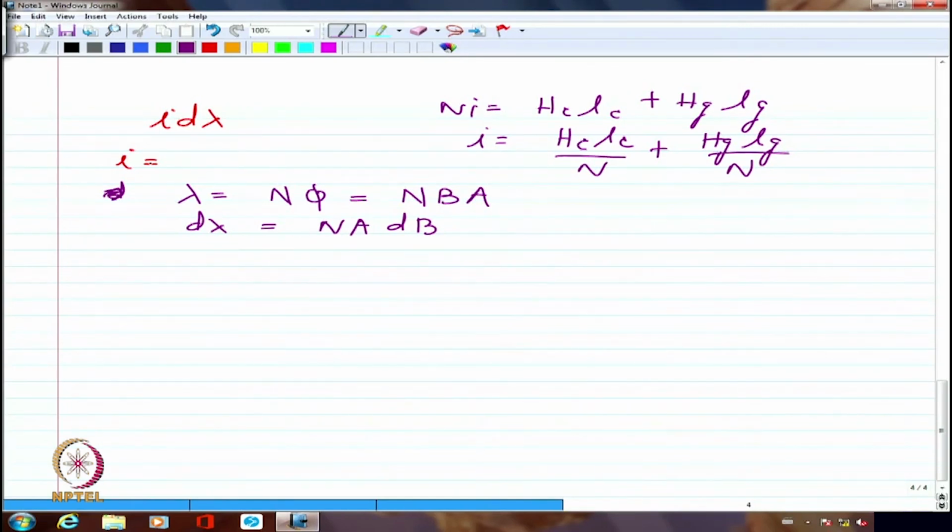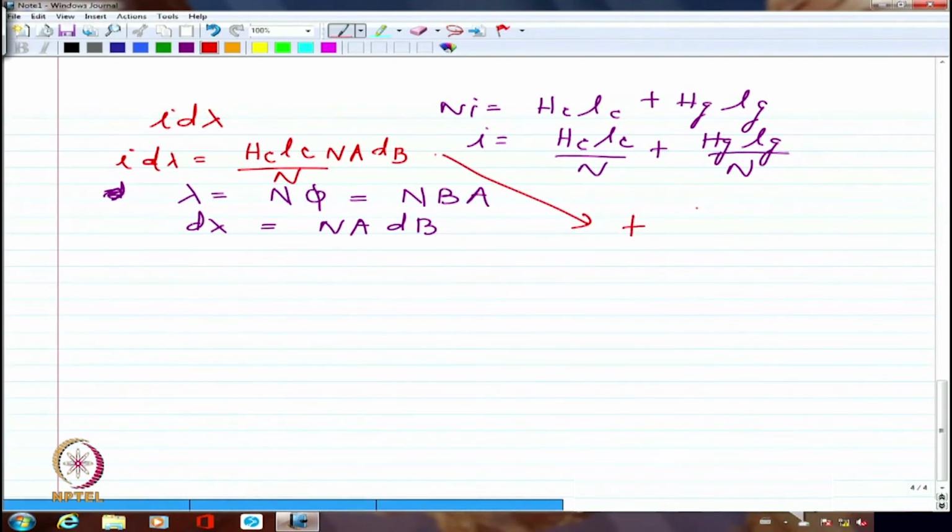So let me write this I d lambda as, first of all, I is substituted with Hc Lc divided by N multiplied by d lambda, which is N A dB. Right? That is the first portion. And another portion is going to be Hg Lg divided by N multiplied by N A dB.